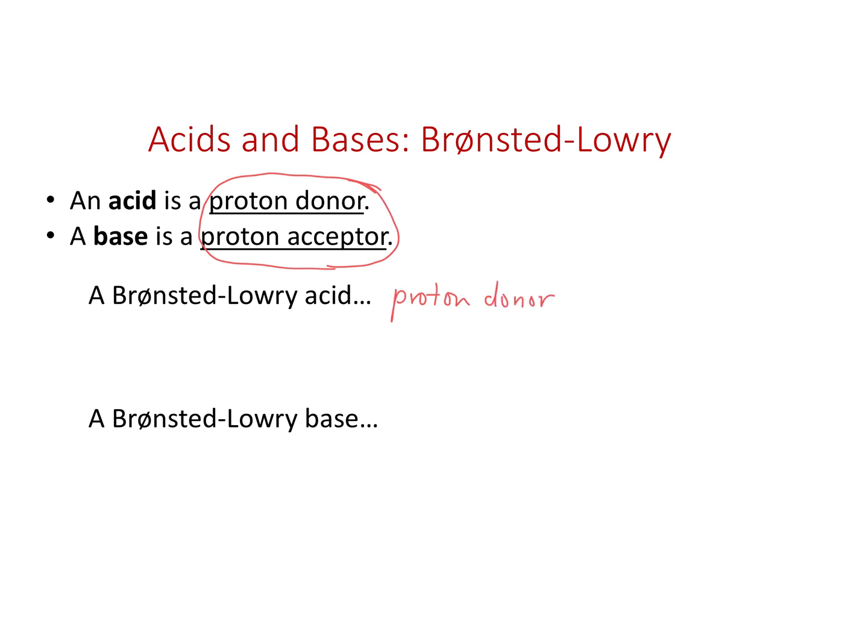And in this case, the Bronsted-Lowry base is going to be the proton acceptor. And so HCl still works as our acid because HCl can react with water. We form hydronium, and we're going to form chloride as a result of that.